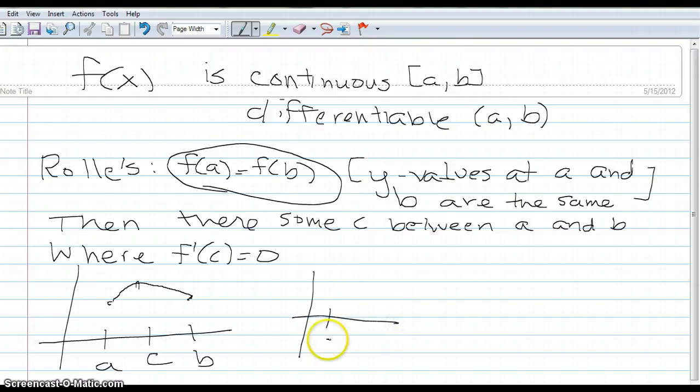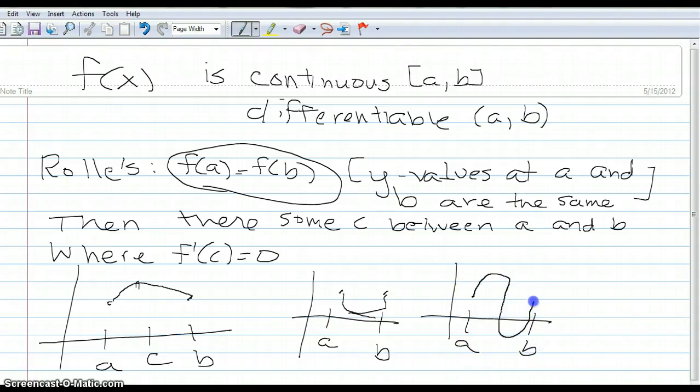Okay, and the same thing, just a different possibility: if we started going down, there'd be some place where we'd have to go back up, so there'd be a place where we have a minimum. Even if we went up and then down, you could have more than one place where the derivative is 0.